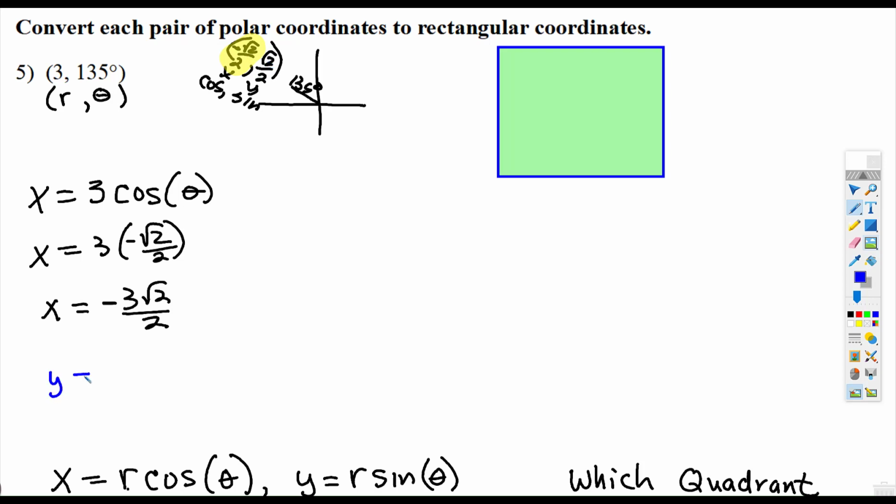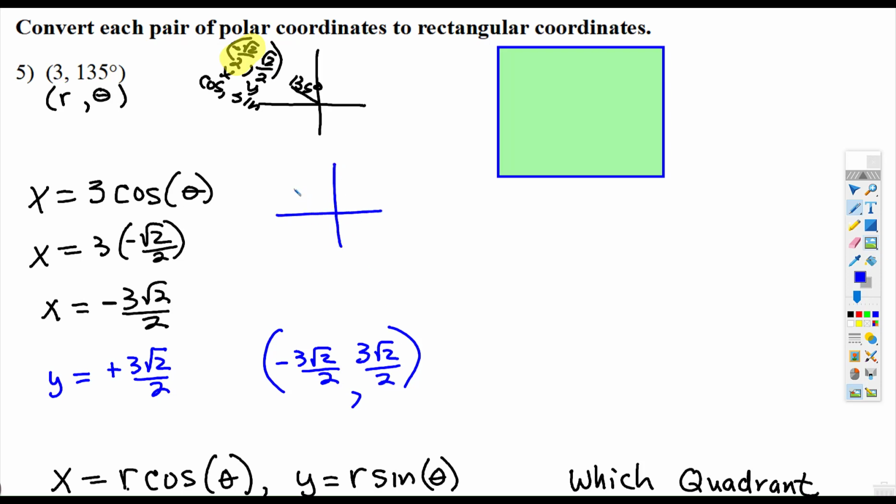So the y, we can just save a step. This will just be positive 3 root 2 over 2. And then when you put that back in xy, we have that x is negative 3 root 2 over 2, and the y is positive 3 root 2 over 2. So on the xy plane, it would be in the same location.